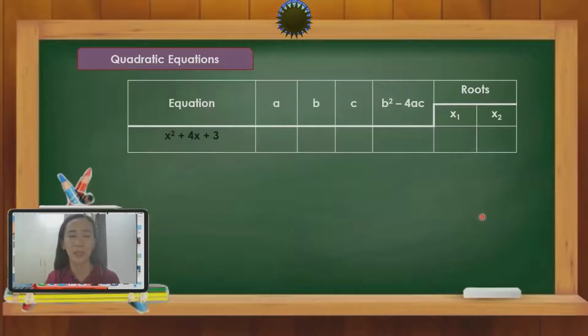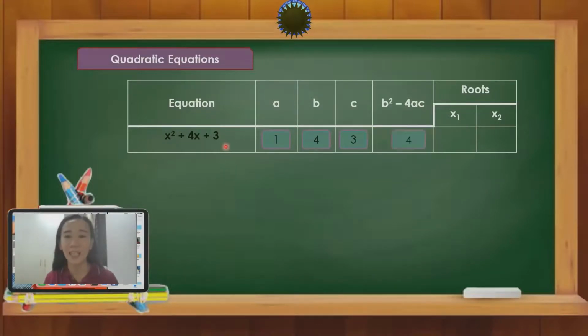So, for our example earlier, x squared plus 4x plus 3, what was the value of a, b, and c? Excellent, Guadans. The values of a, b, and c are 1, 4, and 3. What is the value of the discriminant of x squared plus 4x plus 3?